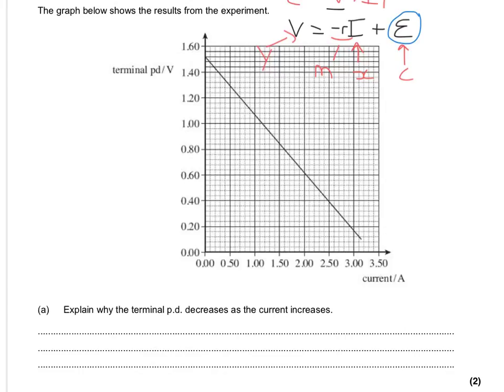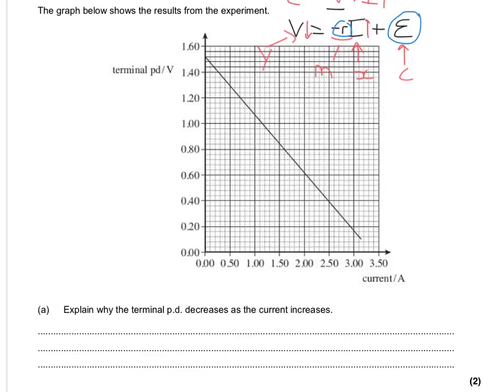So V is going to be this EMF minus this IR term. The internal resistance is constant as well. So if I increases, your EMF is going to have a larger and larger number subtracted from it, which means the terminal potential difference is going to go smaller.